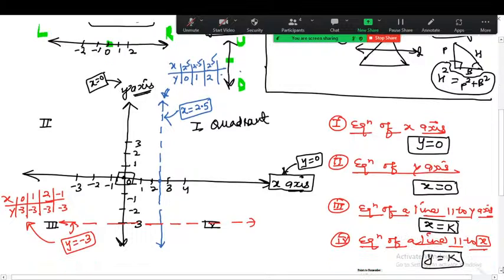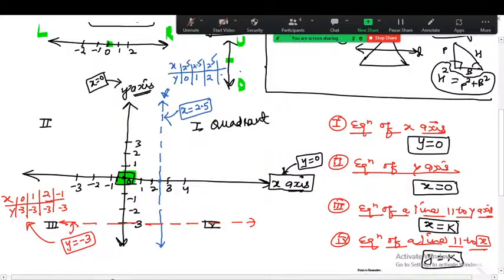The Cartesian plane looks like this, where these lines are mutually perpendicular, making 90 degrees, and this point is the origin, which represents x-axis 0 and y-axis 0 as well. Towards left we take negative values, towards right positive values, upward positive and downward negative.